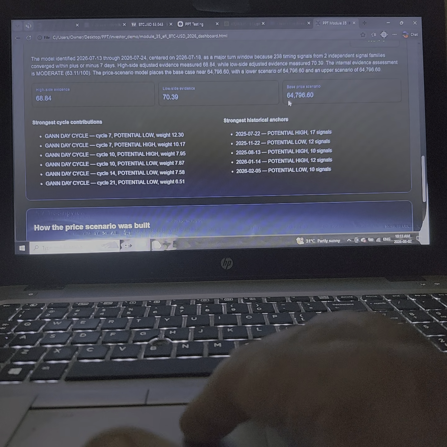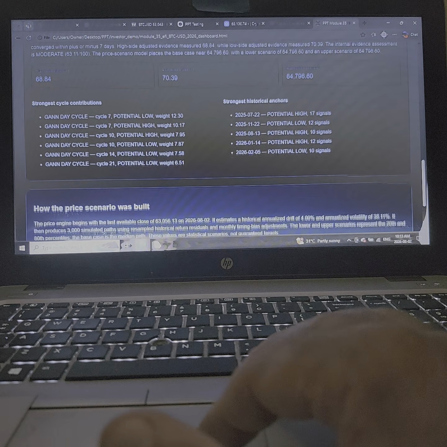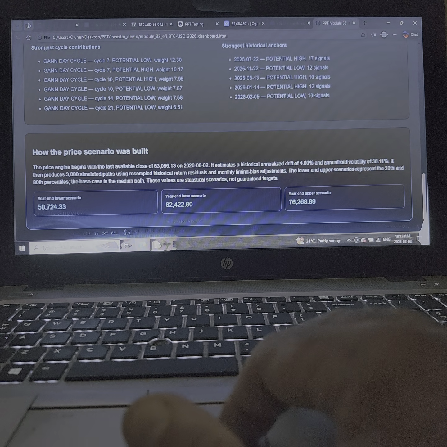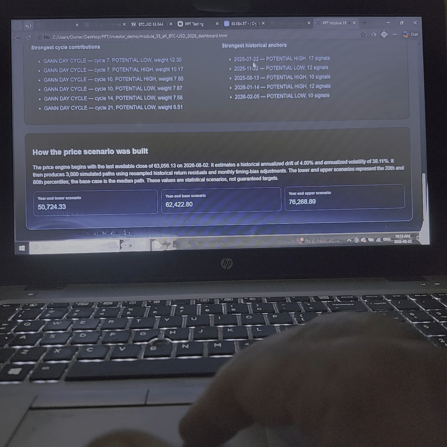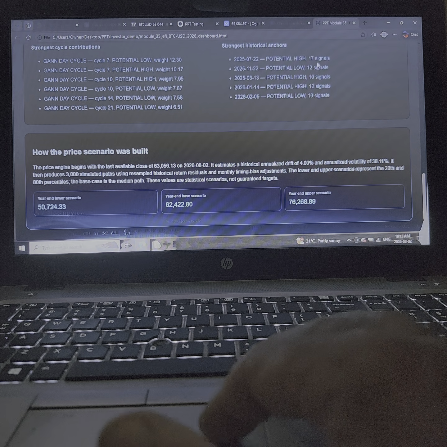The base price is around 64, and currently we're around 63,100. It shows us the strongest cycle contributors, the different cycles here, a low and a high and how heavily they're weighted, as well as our strongest historical anchors, which ran back into 2025. We see potential highs, potential lows, and it's given us the number of signals.